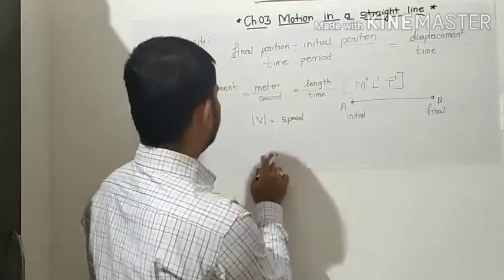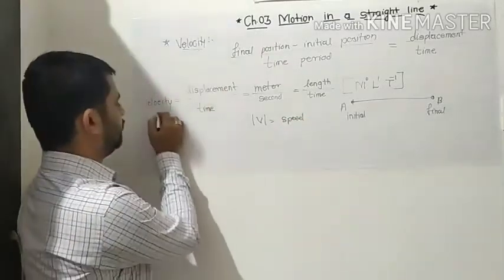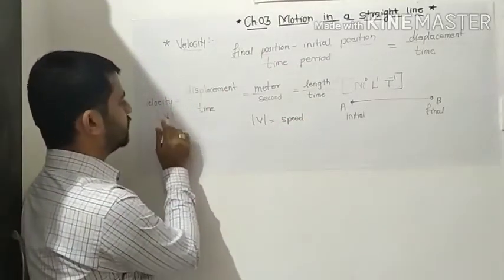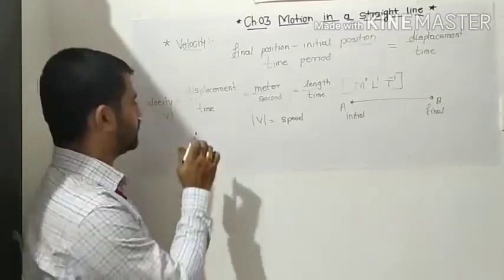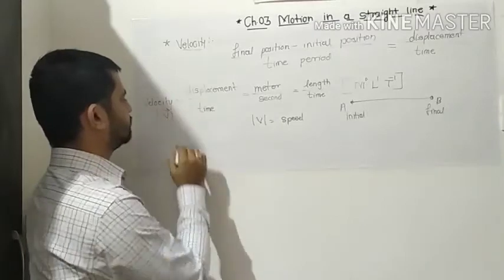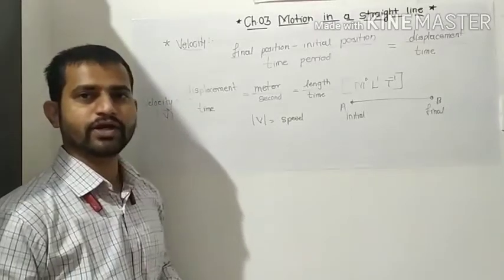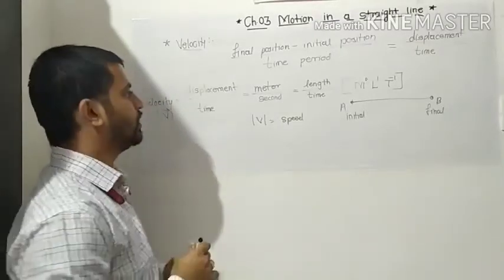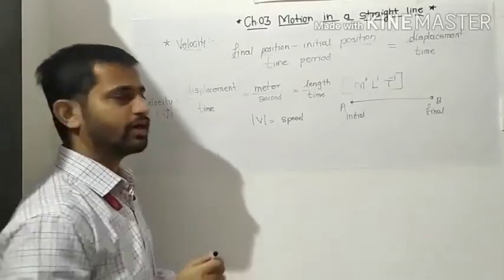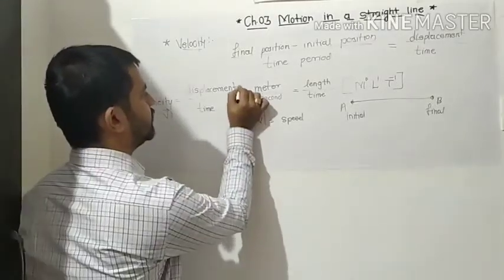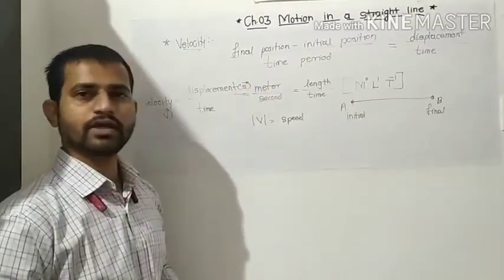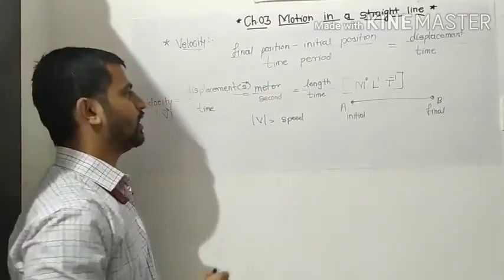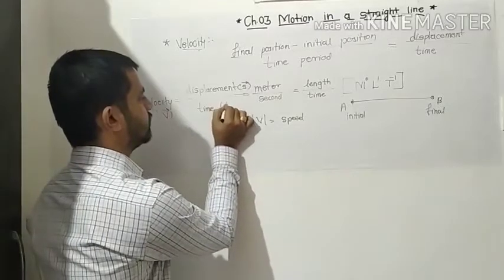Okay, then one thing is remaining, that the velocity is denoted by v, but as the velocity is a vector quantity, we have to show here one arrow. As the displacement is also a vector quantity, we have to show its symbol with its arrow, and here just our time.